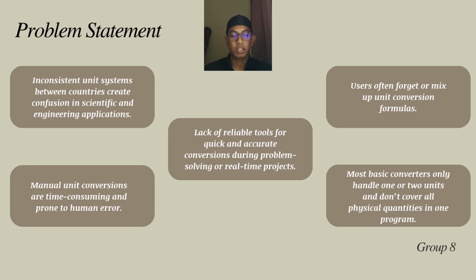And the fourth one is the lack of reliable tools for quick and accurate conversion during problem solving or real-time projects. And the last one is that most basic converters only handle 1 or 2 units and do not cover all physical quantities in one program.